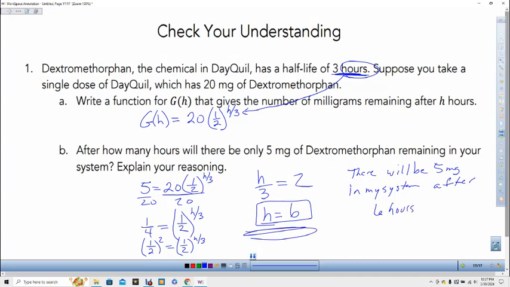Do not leave it like that. Answer the question. And explain your reasoning. There's your explanation right there. If you actually worked it out mathematically, that is your explanation. You don't have to explain anything.